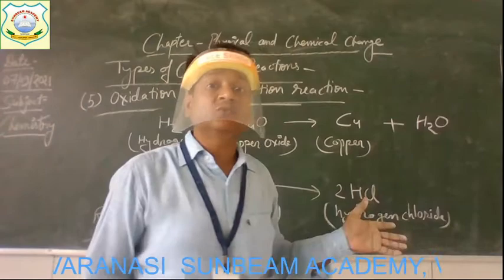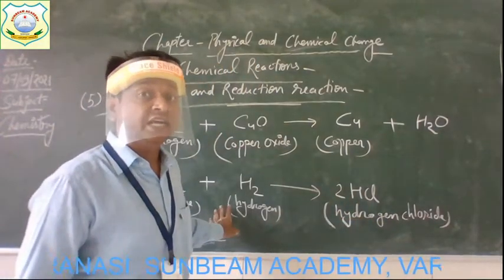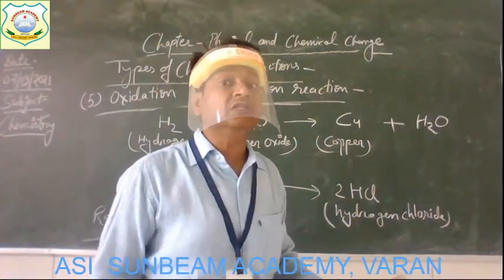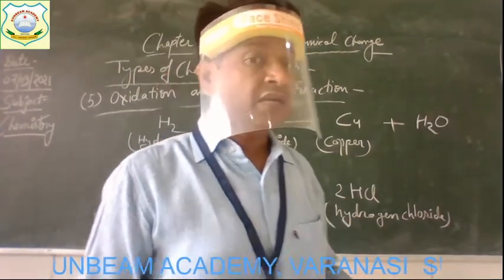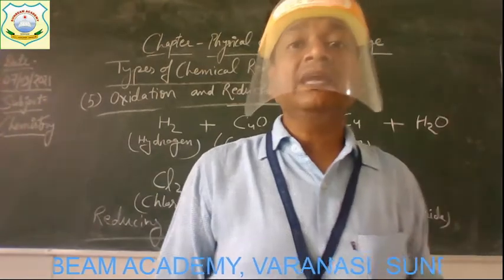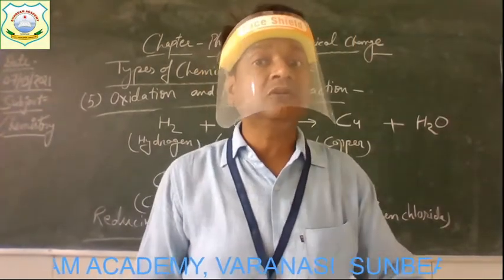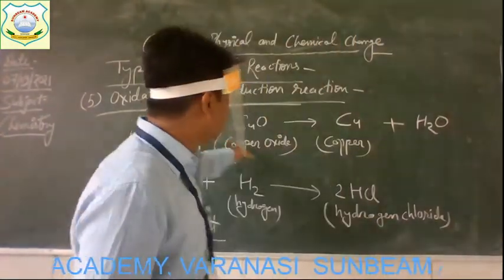So a reducing agent is what? A reducing agent is one that can reduce other substances by removing oxygen from them or by supplying hydrogen to them. So what happened in this example?